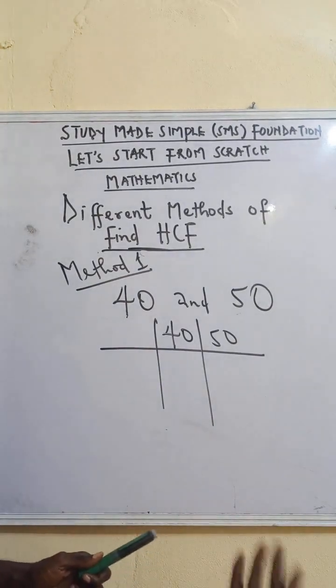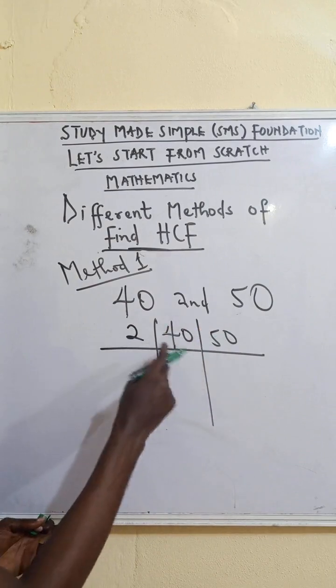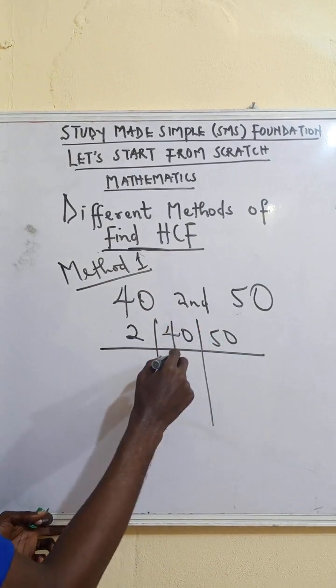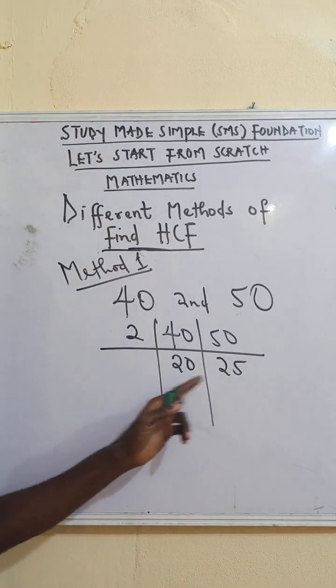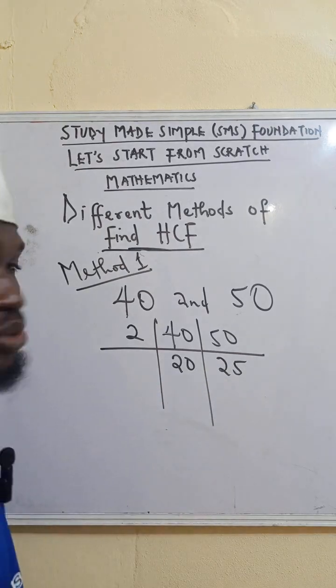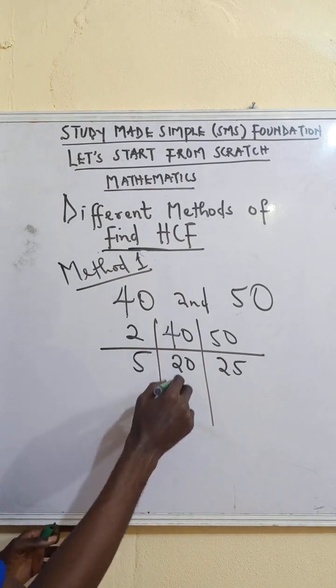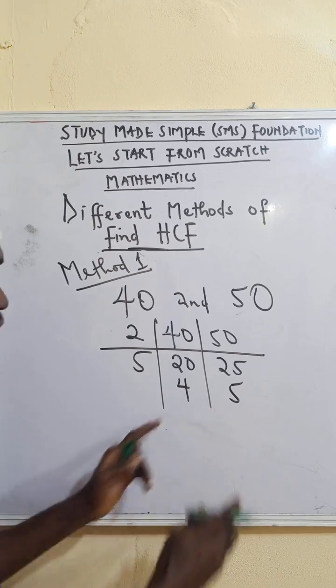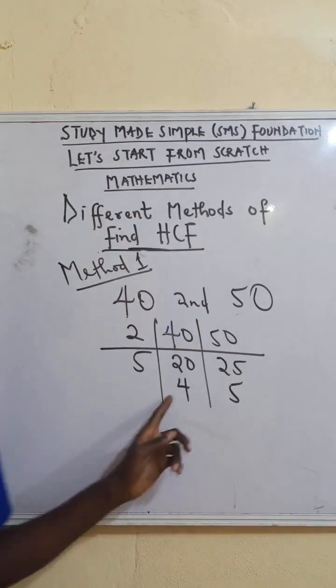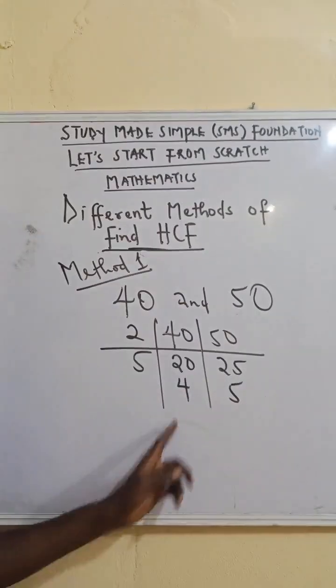I want to go with something simple. 2 can go in both. Those 2: here 20, here 25. What else can go in both together? So 5 can go in both. 5 here gives 4 and 5 here gives 5. Now looking at these two numbers, is there anything that can go again apart from 1?